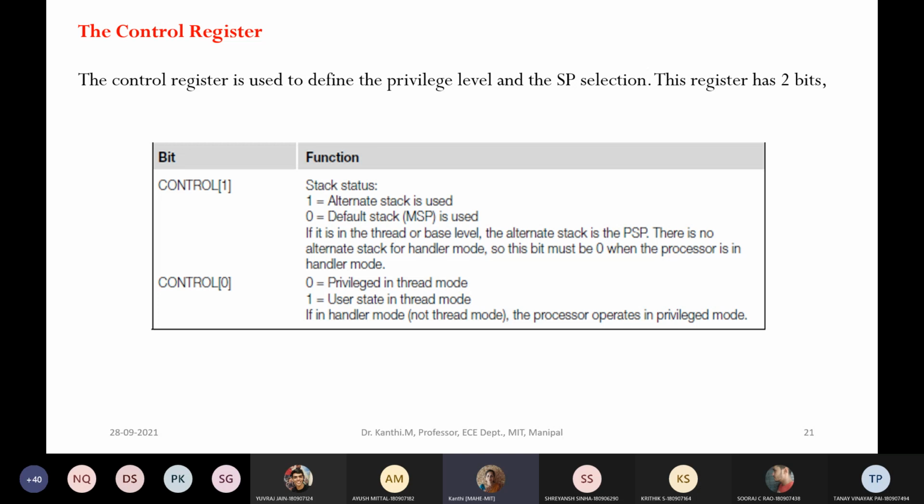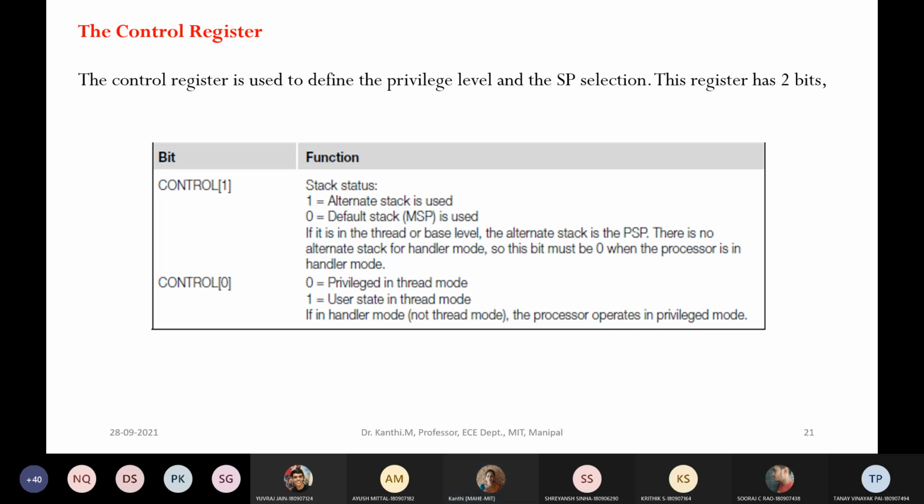Coming to the last one, which is the control register. This is used to define the privilege level and the stack pointer selection. This is a 2-bit register. As I pointed out, we have two stack pointers, the main stack pointer and the process stack pointer.